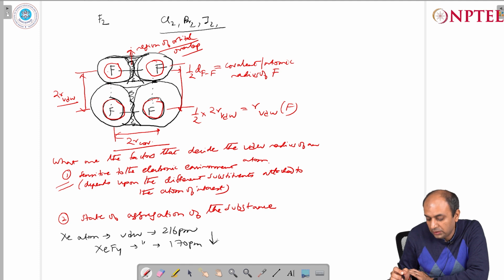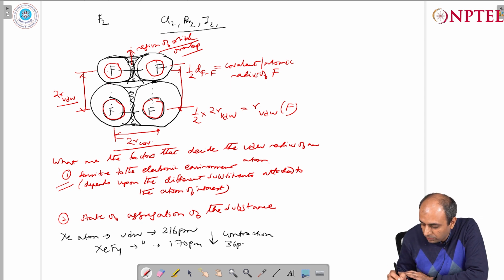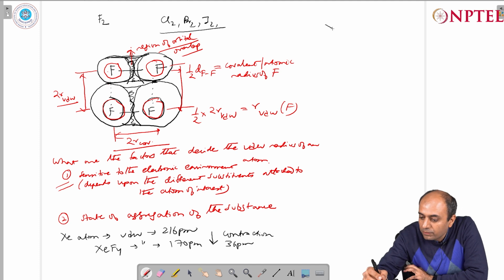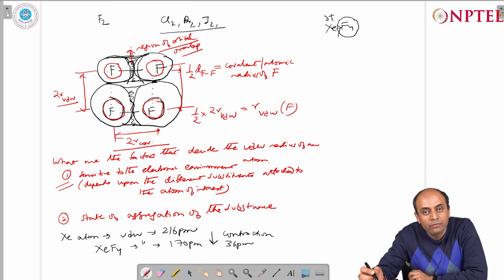So right away you can see that there is a contraction in the size of the xenon atom by 36 picometer, and this is attributed to the fact that in xenon fluoride it is connected to 4 highly electronegative fluorine atoms which withdraw electron density towards itself and which introduce an electropositive character on xenon.